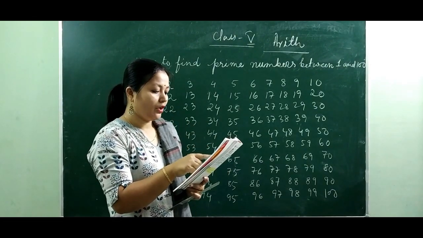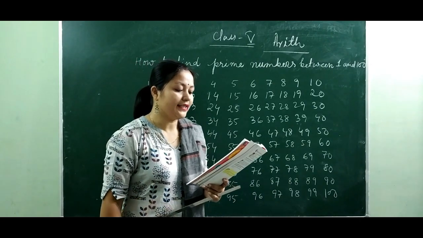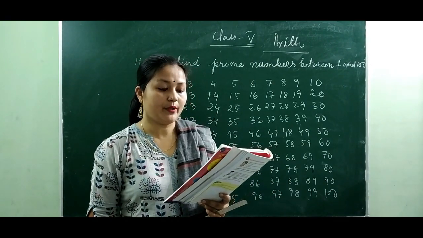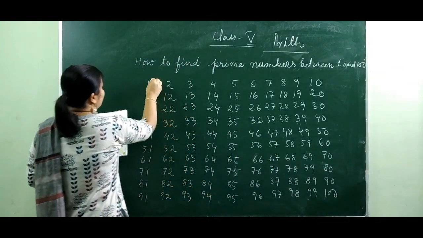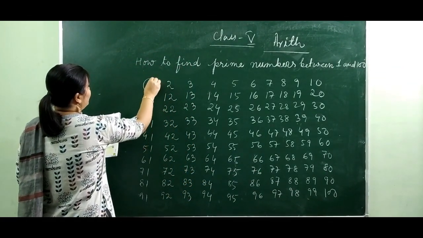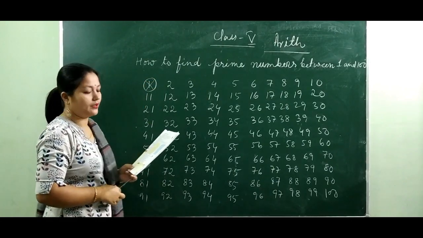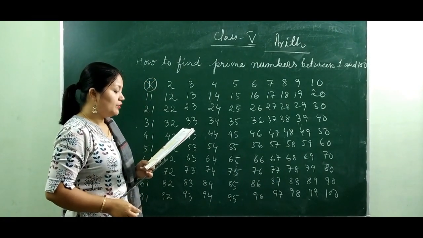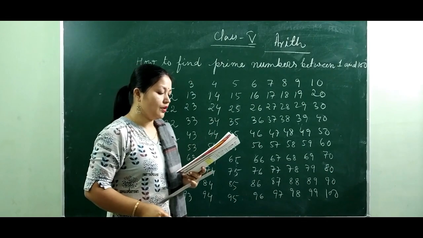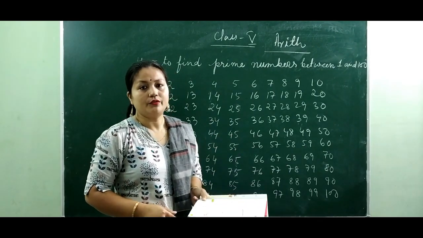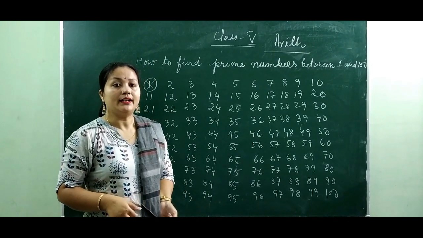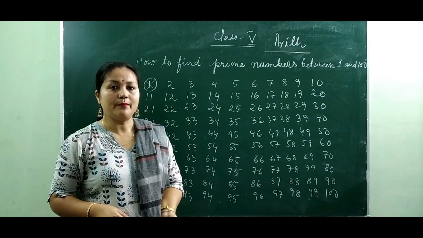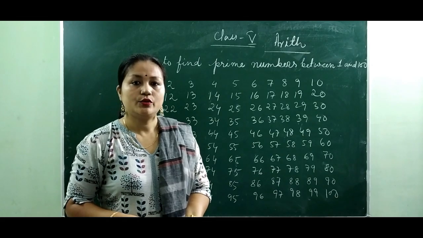See here: cross out 1, as it is neither prime nor composite. We know that 1 is not a prime number and not a composite number. Leave 2 as a prime number, but cross out all the multiples of 2. As I gave you the definition of a prime number, I told you that 2 is a prime number because it has only 2 factors.